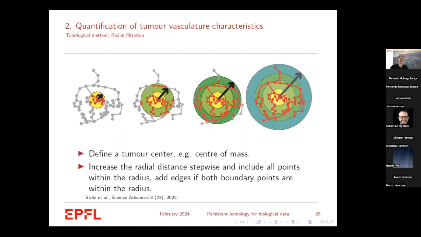And so we weren't able to use any of these approaches directly. So what we ended up doing is we introduced the radial filtration. We defined a tumor center, which we took to be the center of mass of points sampled from the blood vessels. Then we blew up a sphere from the center outwards, increasing this radial distance stepwise, and included all points and edges that were within the sphere at a particular step in our filtration.